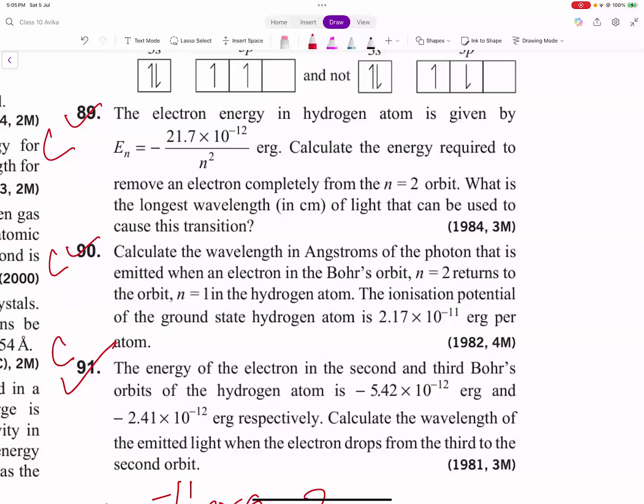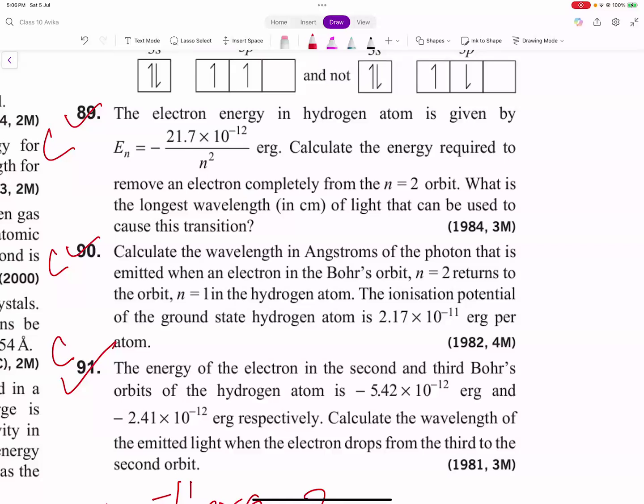You just first get it in nanometers. How much? 324 into 10 to the power minus 2. No, I doubt it. But then use what? Our funda. Okay.